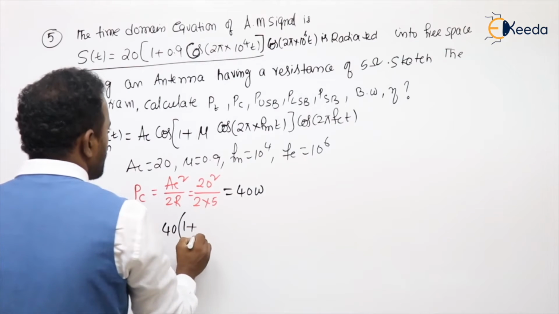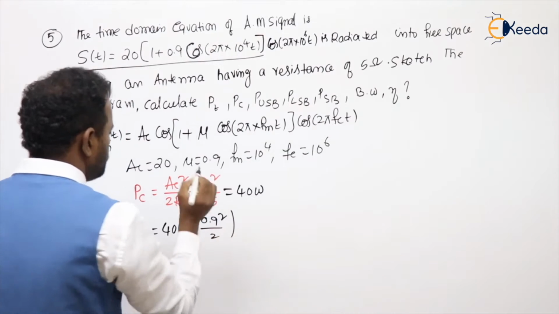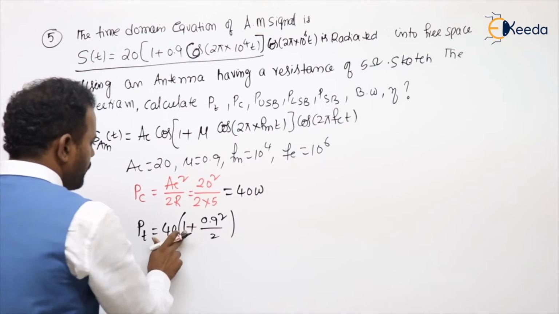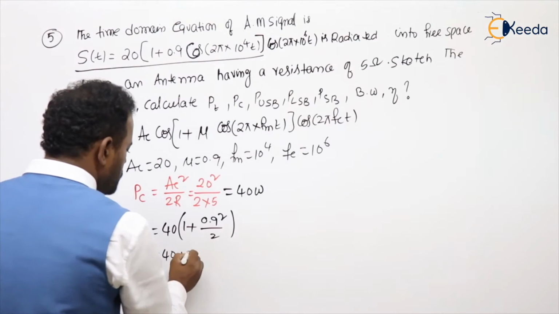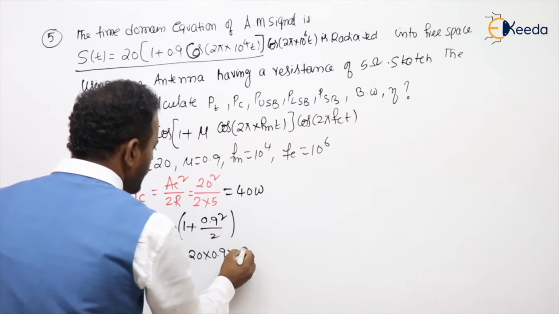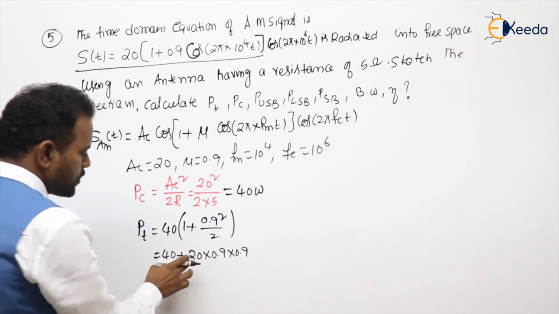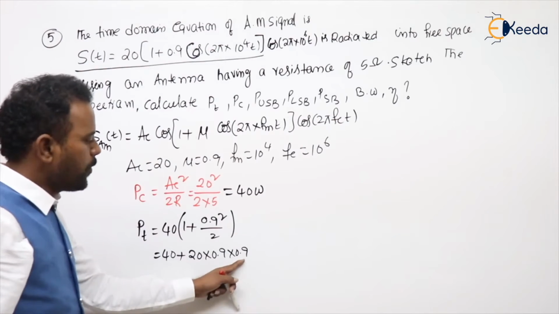1 plus mu square by 2. What is the mu value? 0.9 whole square by 2. Then it will be 40 plus 40 by 2. So 20 into 0.9 into 0.9. So this will be 18 into 0.9.